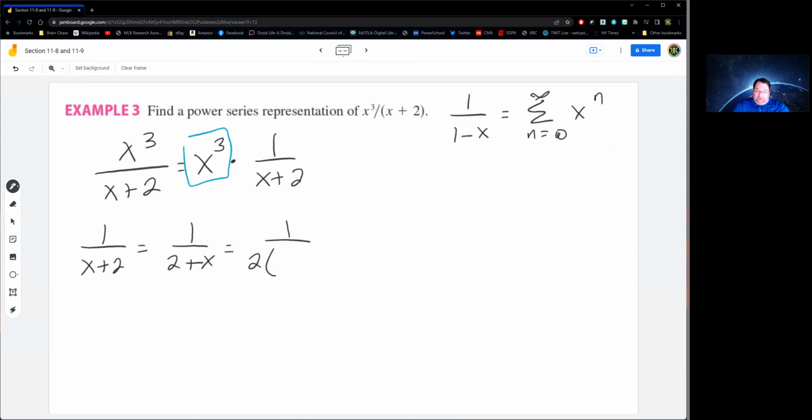So I'm left with 1 plus 1 over 1/2 x, like that. Because again, the goal is to get it to look like this. So the first thing I did is swap it around so the x was second. And the second thing I did was I want to get that 1. So I now have that 1 there.